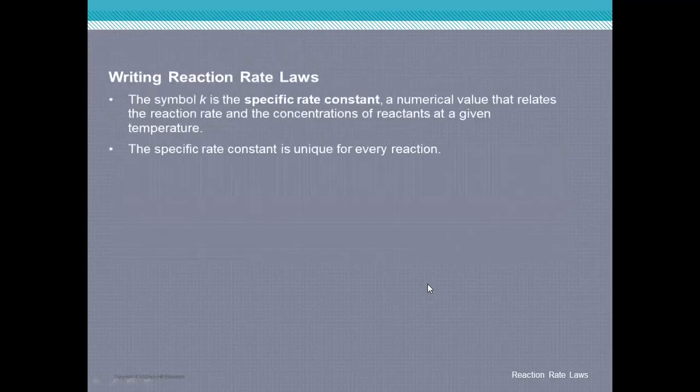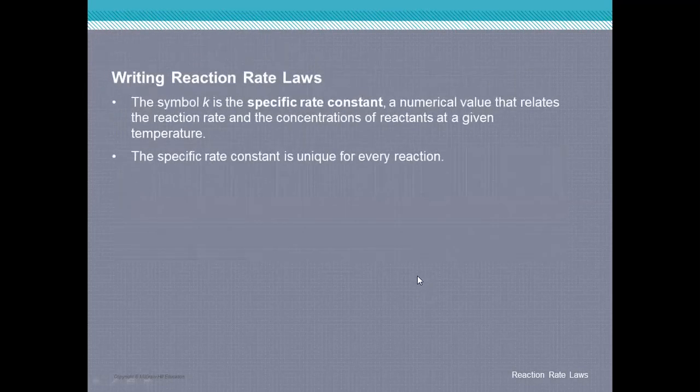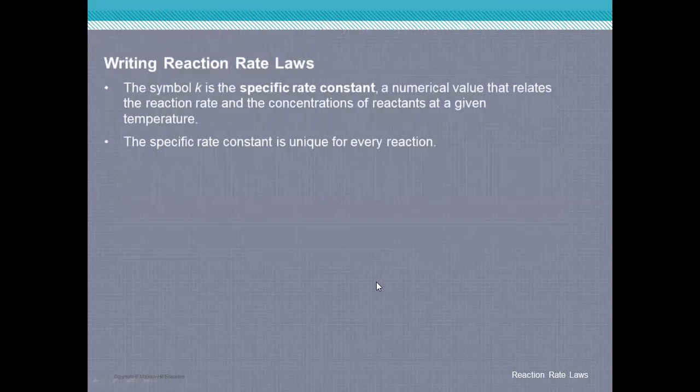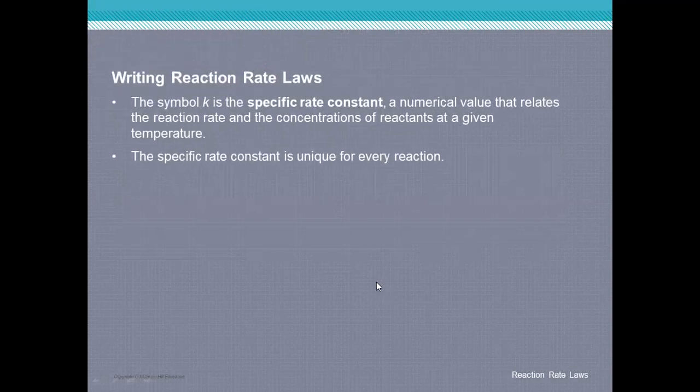After that, how can we write this reaction rate law? The symbol K is the specific rate constant, a numerical value that relates the reaction rate and the concentration of reactants at a given temperature.